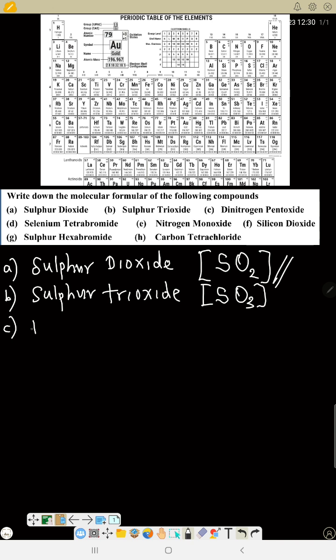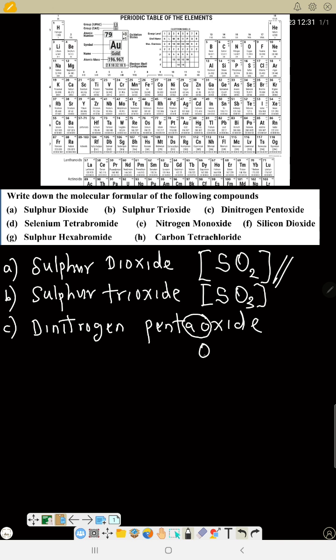C, dinitrogen pentaoxide. It should be pentaoxide like this. But anytime you have A and O together, you don't write AO, you write it as O. So it becomes pentoxide. But in pronunciation, you can still say pentaoxide.